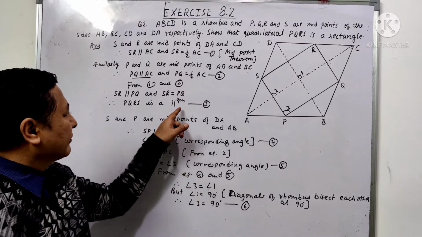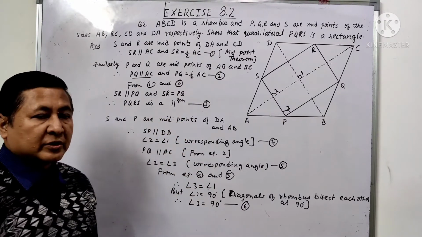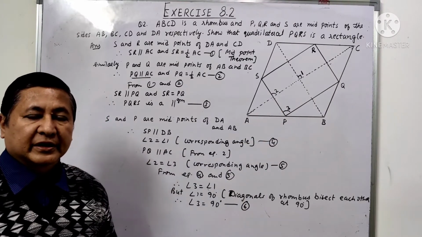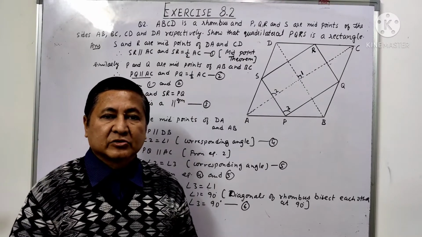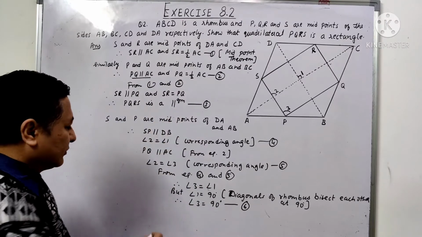Now in third we have proved that PQRS is a parallelogram, and in the sixth equation we have proved that angle 3 is 90 degrees, and we know the definition of a rectangle. A rectangle is a parallelogram whose one of its angles is equal to 90 degrees. So we have proved 90 degrees as well as parallelogram.